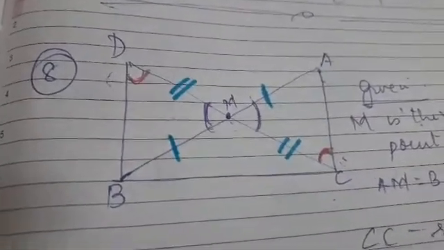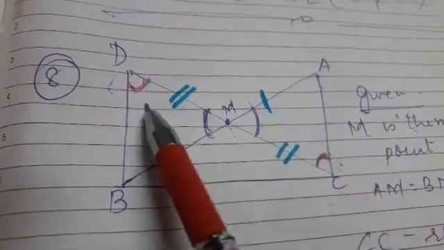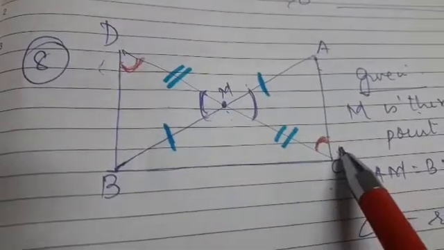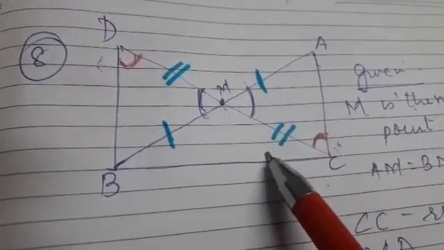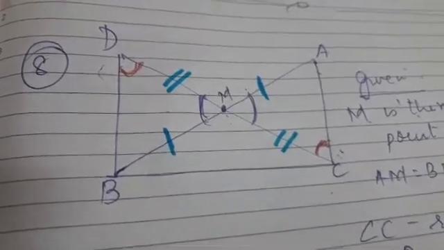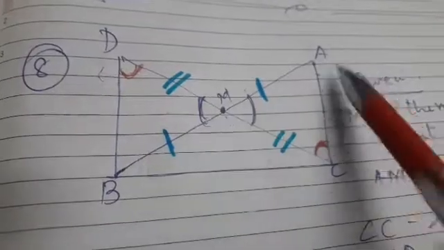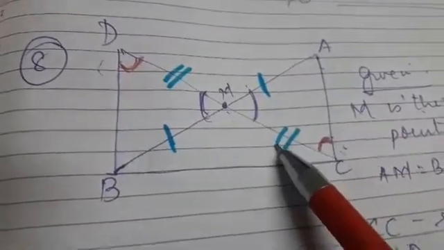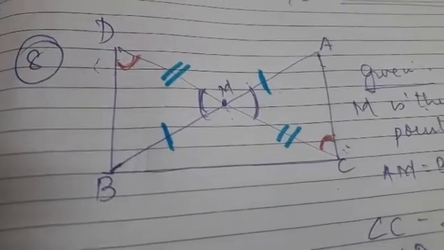They are equal and they are alternate interior angles. When the alternate interior angles are equal, the lines are parallel. This property we have already done in the previous part of the chapter, lines and angles, that when the lines are parallel, alternate interior angles are equal, or when alternate interior angles are equal, the lines are parallel. These are two opposite properties.